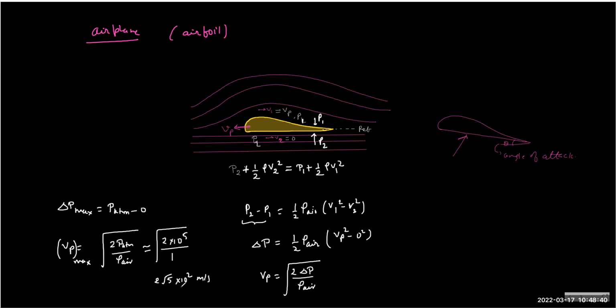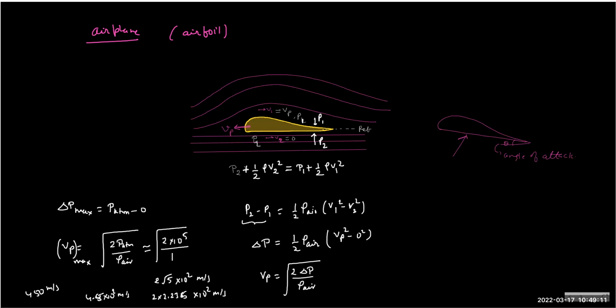So you can imagine this is 2 into 2.235, that is 4.46, or you can just say 4.5 into 10 power 2 meter per second, which is how much? 450 meter per second.